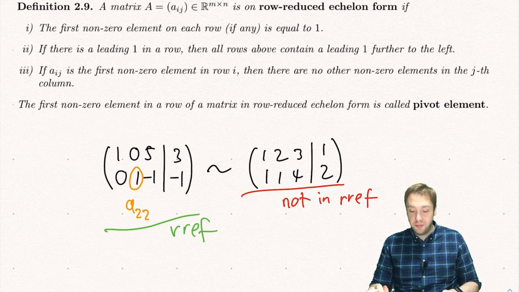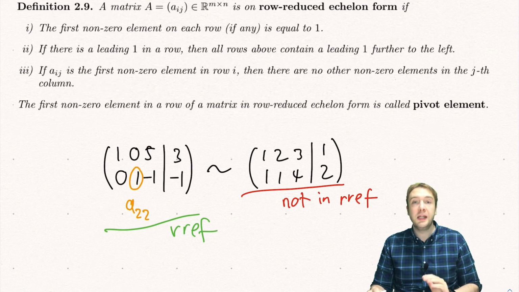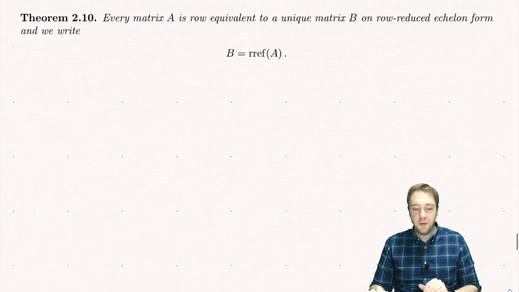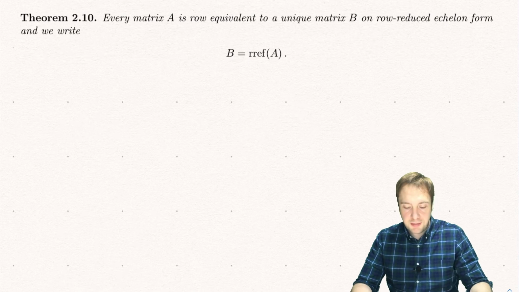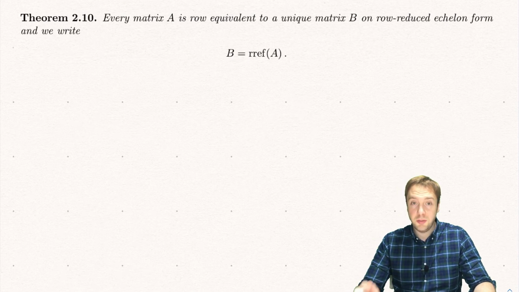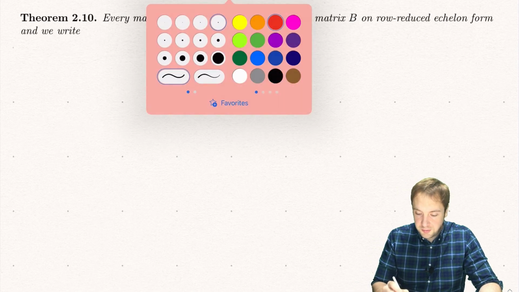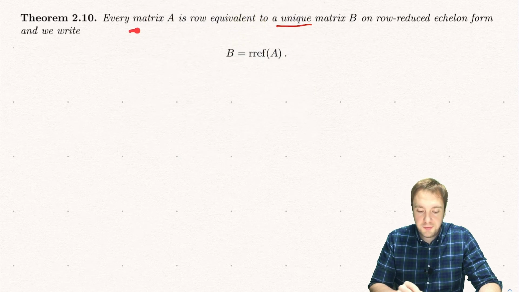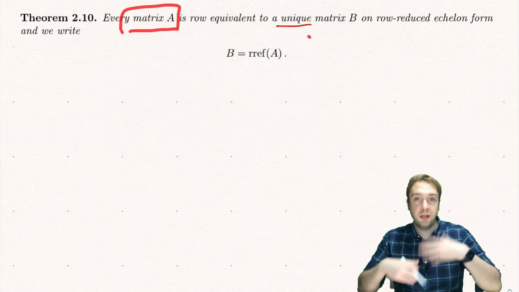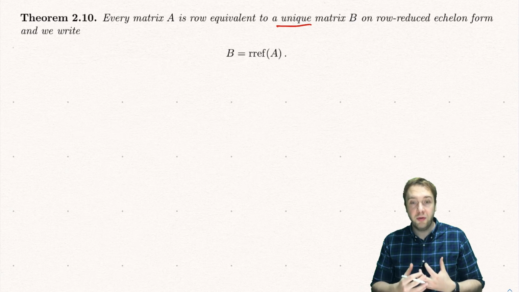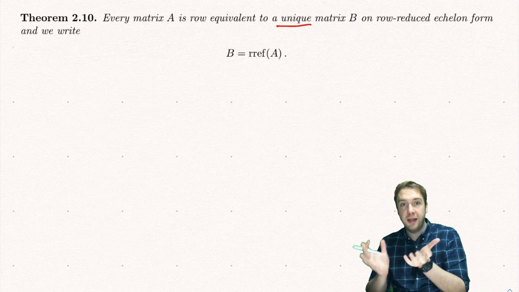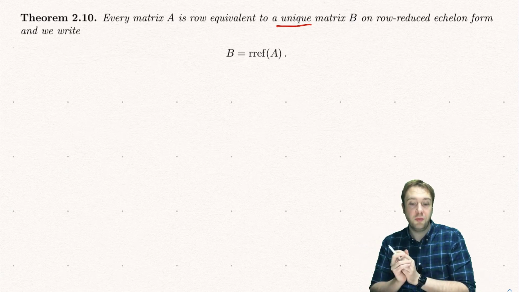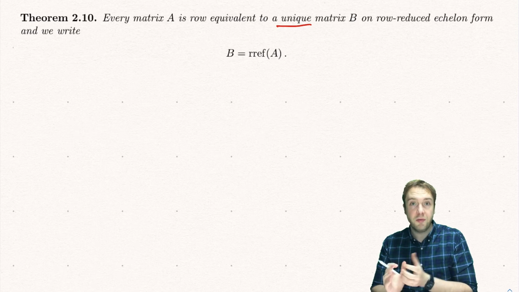And this is true in general, or there's even a stronger statement, namely that any matrix A is row equivalent to a unique, so there's just one, matrix in row-reduced echelon form. If I start with an arbitrary matrix and I apply these elementary row operations, and in the end I get some matrix in row-reduced echelon form, then this matrix is unique.